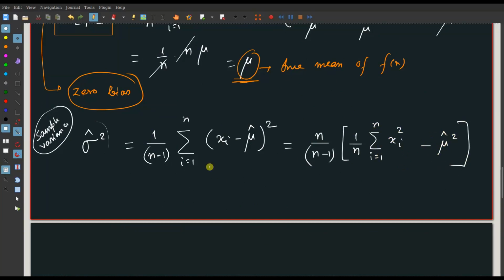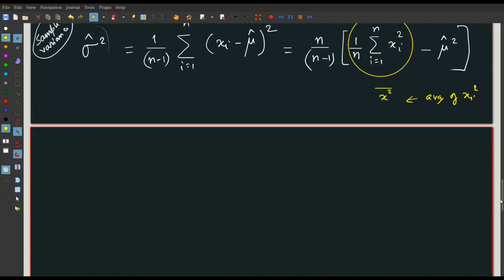Okay, so there are two terms. So remember, do this carefully. From this you will get this. Now this quantity, I will call it the average of x square. So I will denote it by x square bar, kind of a mean square velocity for people with physics and chemistry. And this is minus mu hat square. So this is kind of the average of xi square.